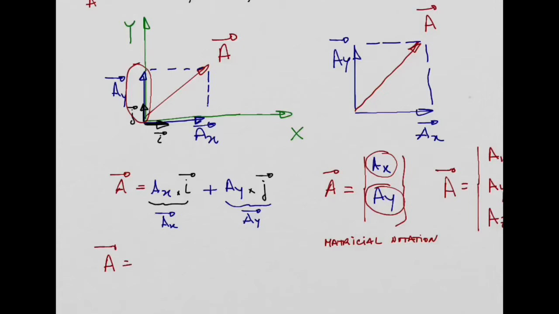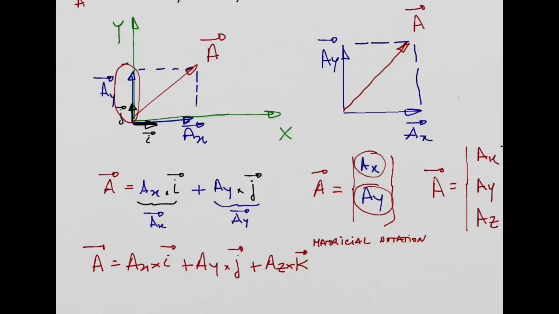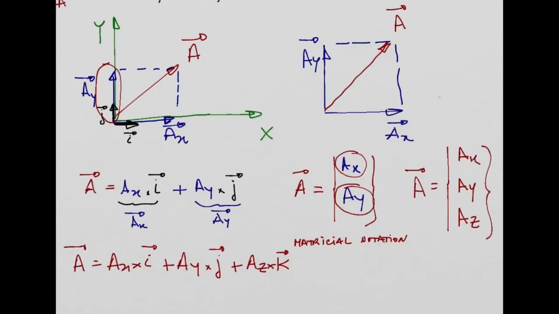A equal to AX times i plus AY times j plus AZ times k, where k is also a unit vector along the z direction, okay? All right?